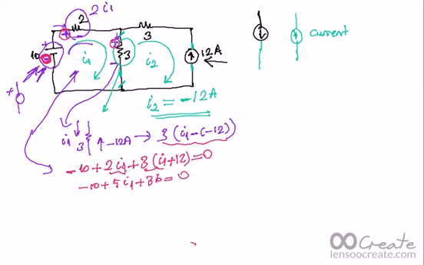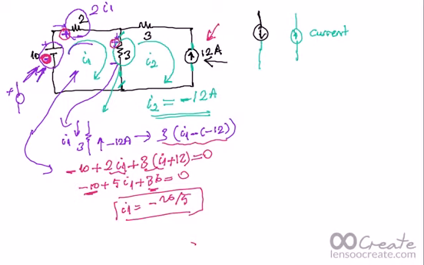So minus 10 plus 36 making plus 26, and I1 is equal to minus 26 over 5. Definitely the result is different because we have replaced it. In the first example, we replaced the 12 volt with a 12 ampere current source.